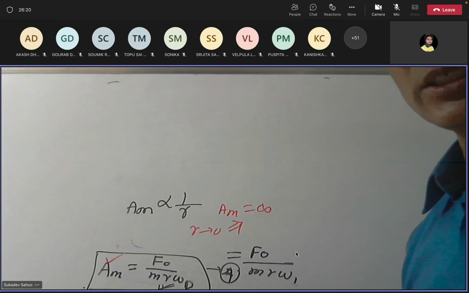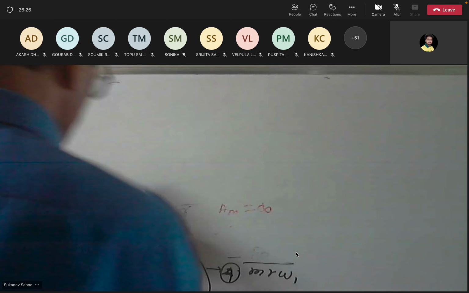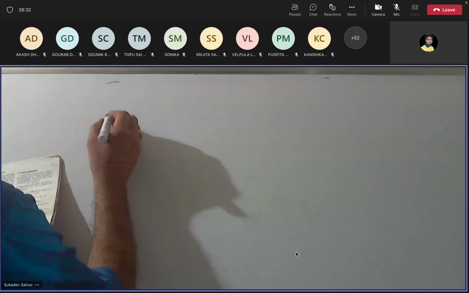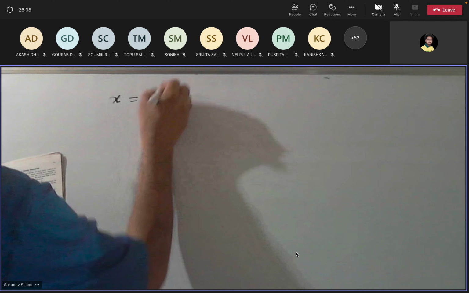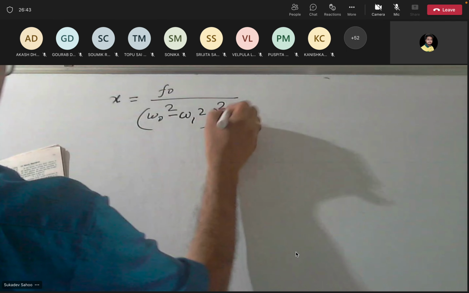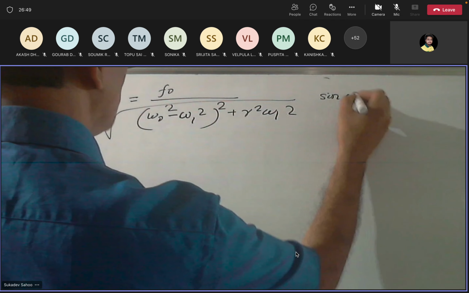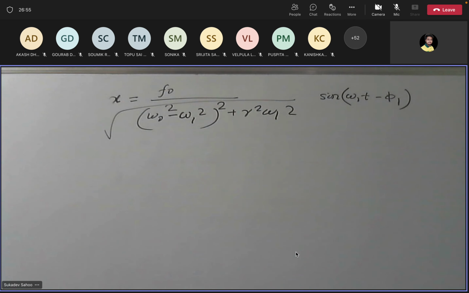Then comes velocity resonance. You know that in case of a forced oscillator, x equals F0 divided by the square root of (omega 0 square minus omega 1 square) whole square plus gamma square omega 1 square, into sine (omega 1 t minus phi). This is the amplitude, where we have applied F equal to F0 sine omega 1 t.